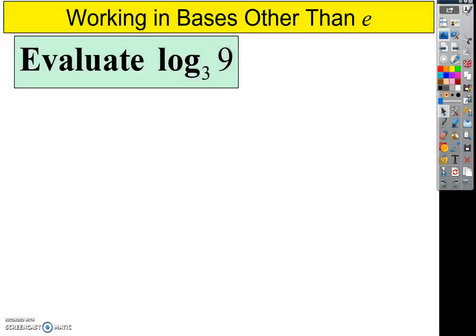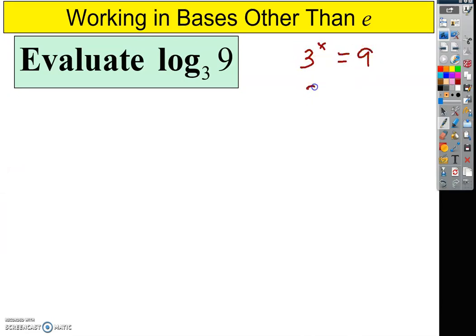So first of all, let's remember what we already know about how to do these things. In our brain, we can think about the rewriting process. This means 3 to what power is 9? And of course the answer is 2. So we're looking for 2 here.